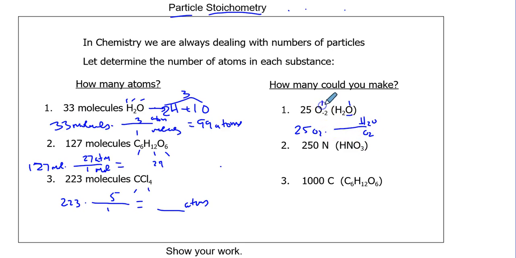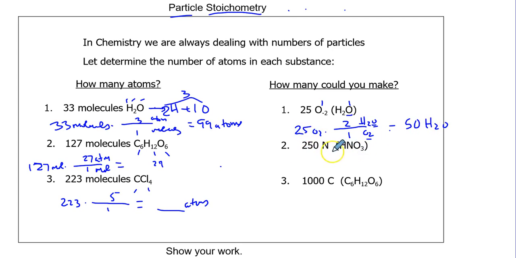One of these guys could make 2 of those, because there's 1 in each. So 1 O2 can make 2 waters. 2 oxygens here, 2 oxygens here. Now, notice they're equivalent in oxygens. 25 times 2 is 50 water molecules. And that should make sense. 1 water molecule requires 1 oxygen. I have 50 oxygen, so I get 50 waters.